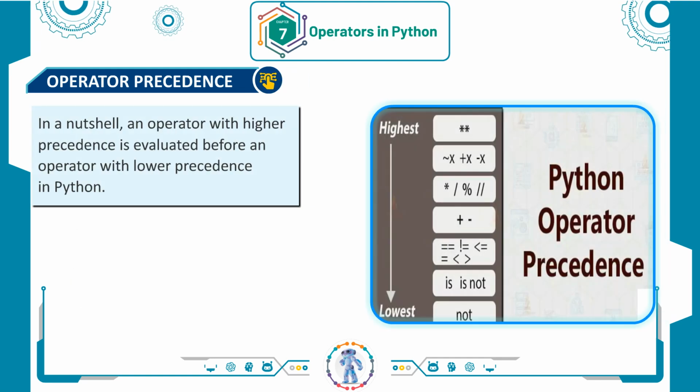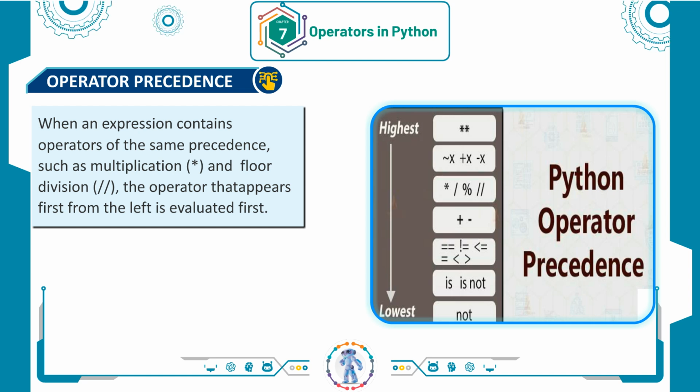In a nutshell, an operator with higher precedence is evaluated before an operator with lower precedence in Python. When an expression contains operators of the same precedence, such as multiplication and floor division, the operator that appears first from the left is evaluated first.